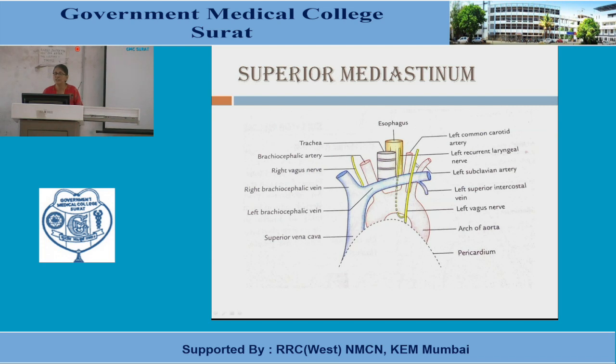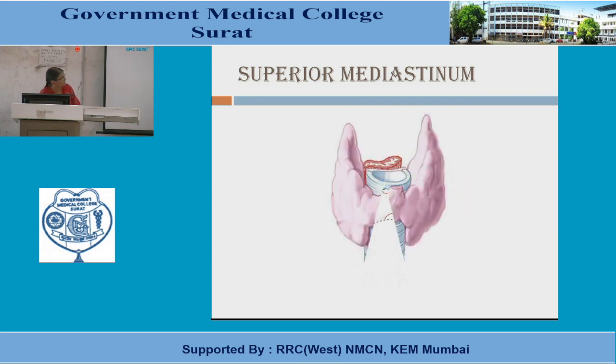This is left recurrent laryngeal nerve. Here is the trachea, esophagus, और इधर thoracic duct भी रहेगी, right? Between the trachea and esophagus, here there will be thoracic duct, not seen in this diagram. So you can see all the structures, all this in the superior mediastinum.